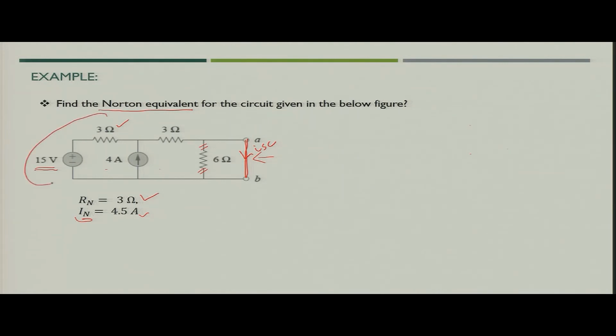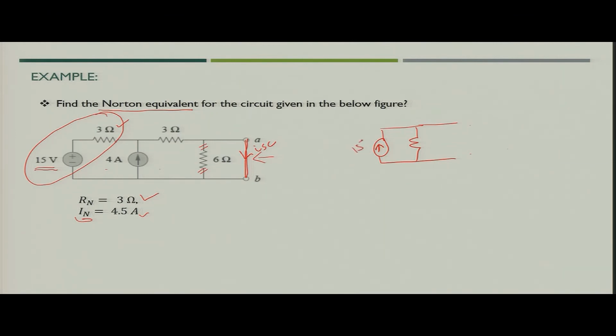Now, if you see this particular segment of the circuit, it is nothing but a voltage source in series with one resistance. You can apply source transformation. So, you will convert this into a current source in parallel with a resistance. What would be the value of this current source?